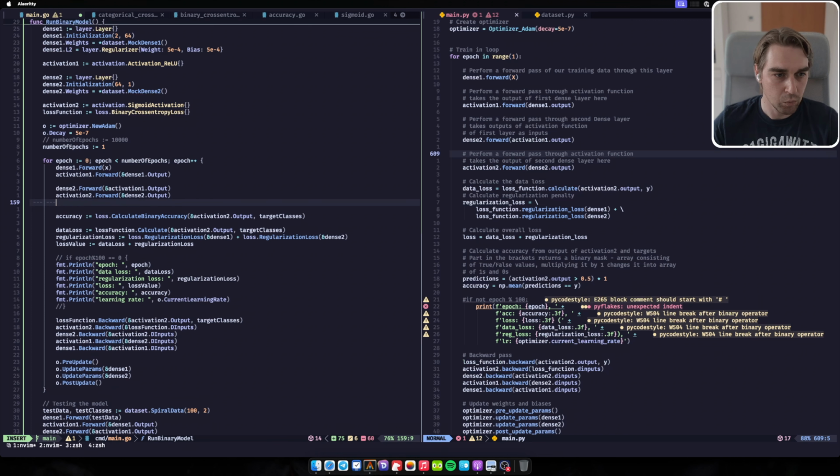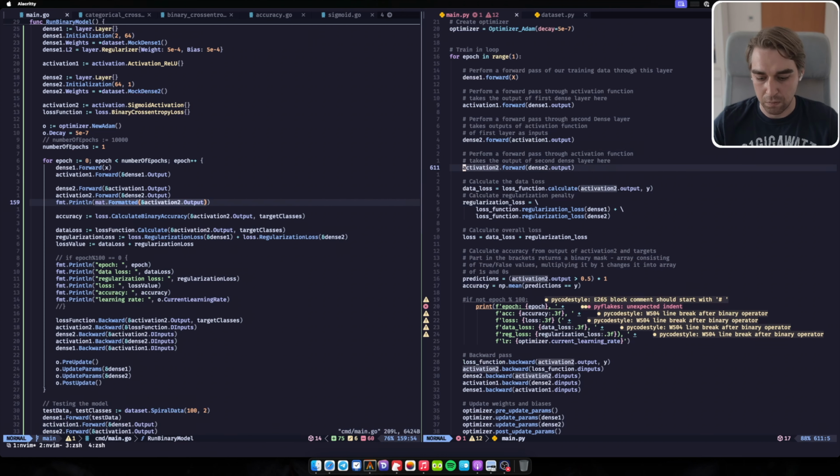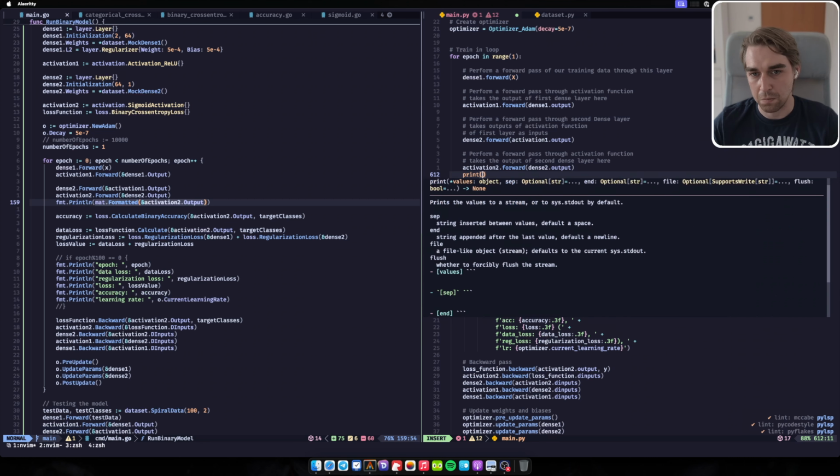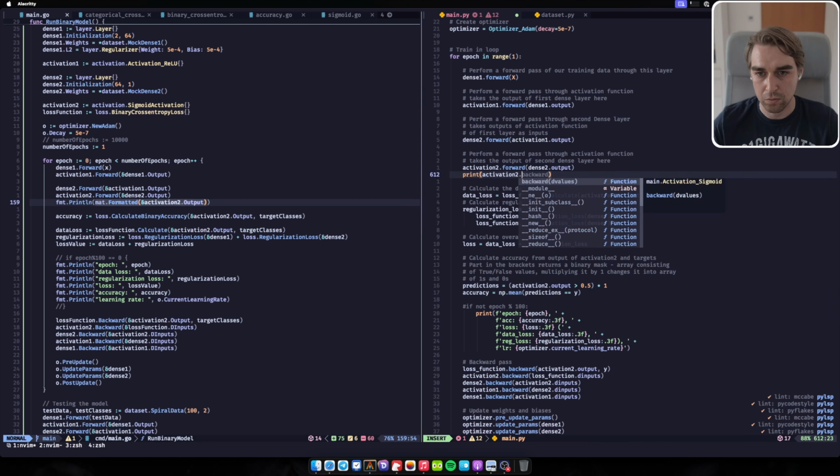So the first thing we're testing is printing the results of activation to output. And here the same activation to.